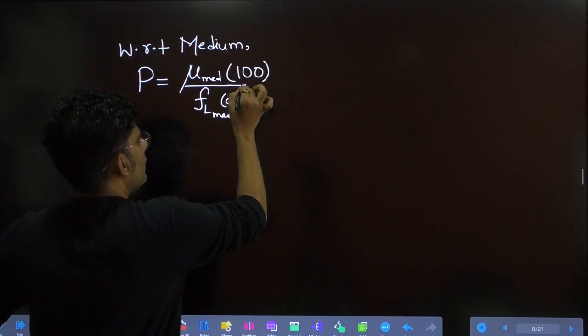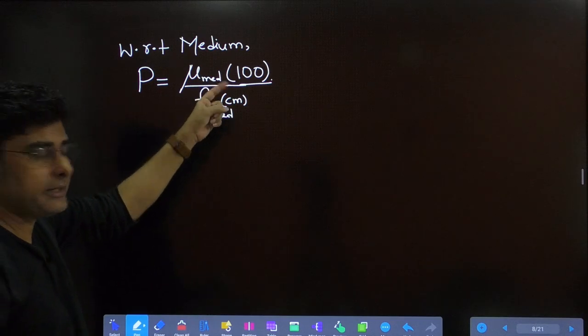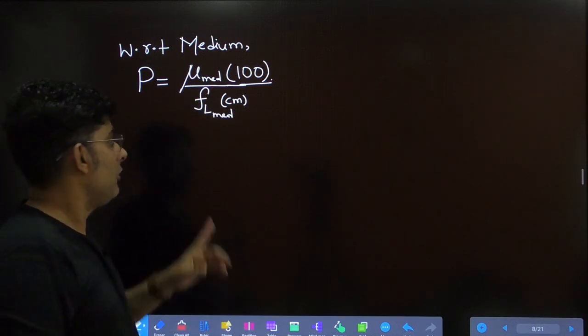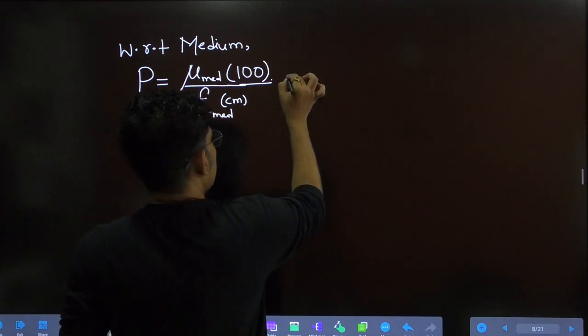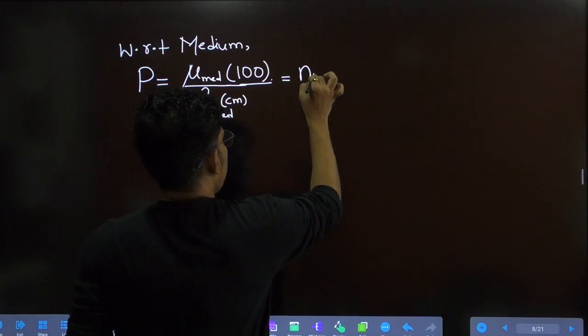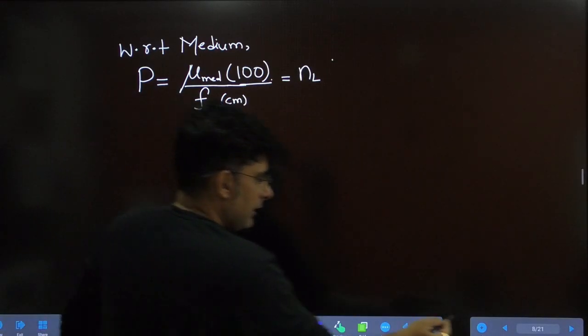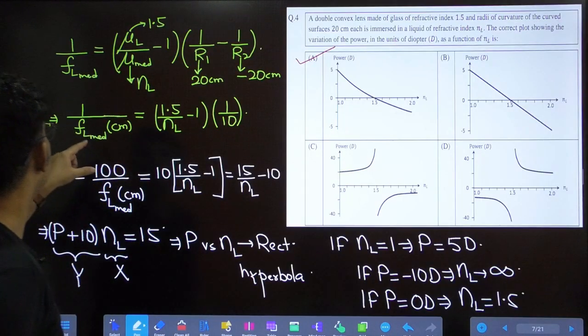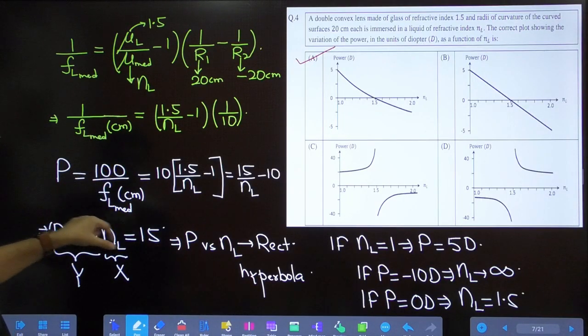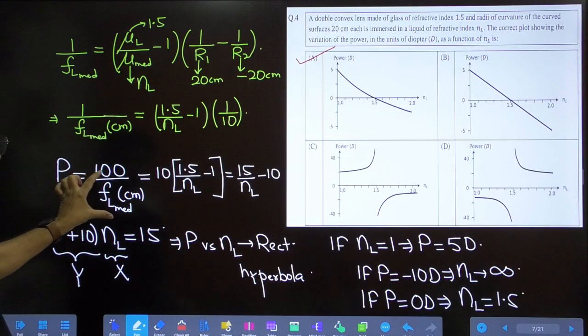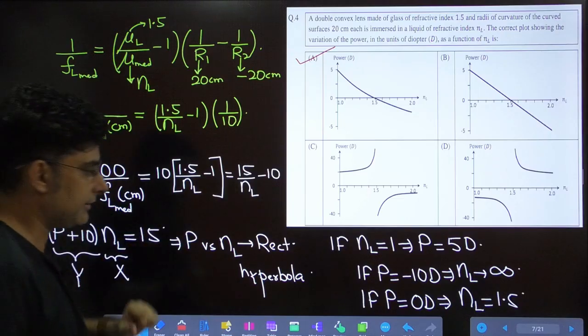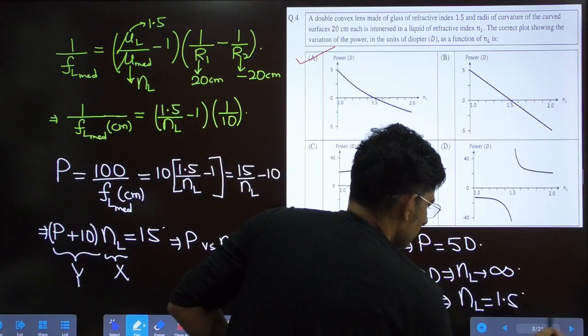That is for sure, but the only extra term that gets multiplied is mu medium. So when you take this, this will become NL. Now apart from this 100 by FL, you saw previously, this value we have already found, 15 by NL minus 10, right?